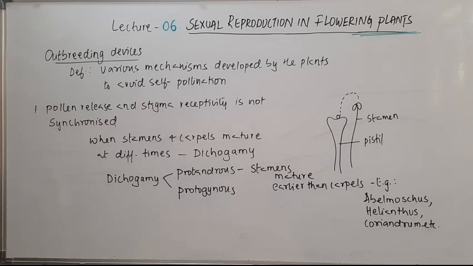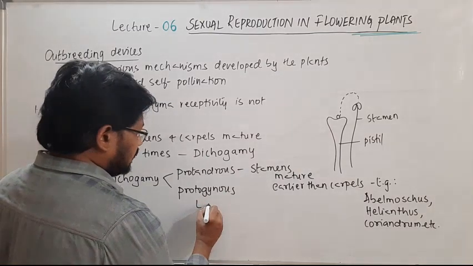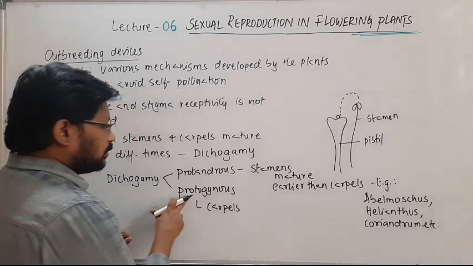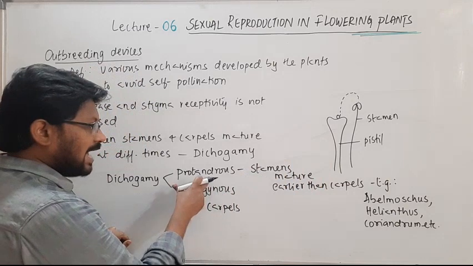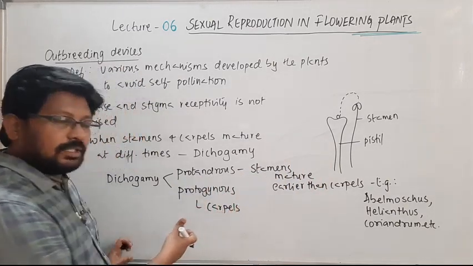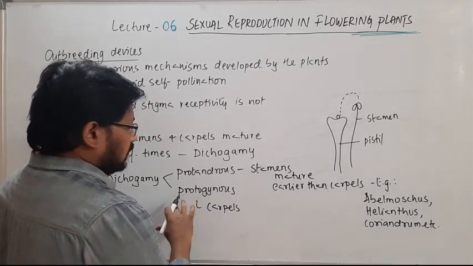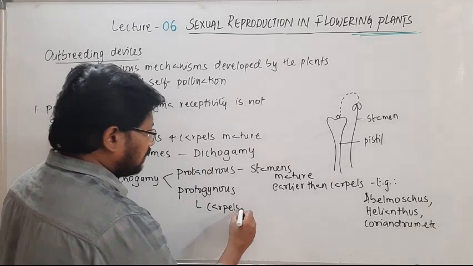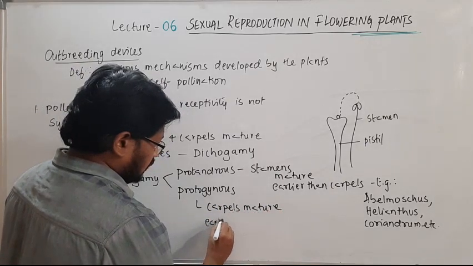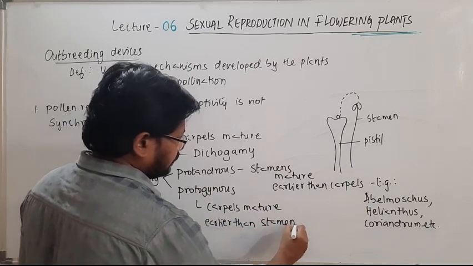Now coming to the protogynous, which is opposite to that. So where we see in this case the carpels mature earlier. So here protogynous means the female, androus means the male. So the female reproductive organs will be maturing earlier than the male reproductive organs. The condition becomes protogynous. So carpels mature earlier than stamens.